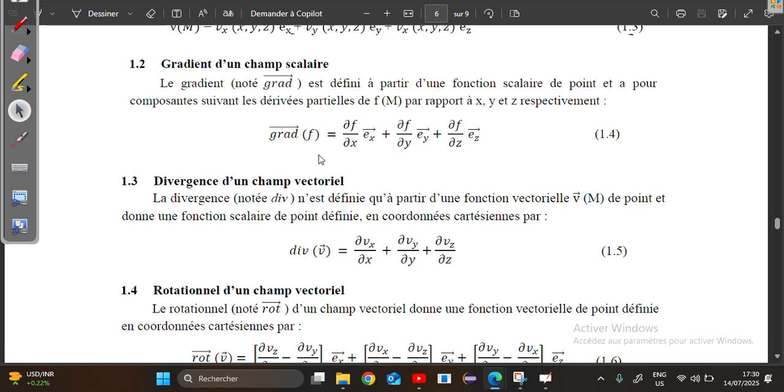The gradient is usually difficult for people to visualize, so I'm going to start with the divergence. This is how I understand it. If you just follow nicely, you'll understand what I'm going to explain to you now. You're going to find physics very, very simple.